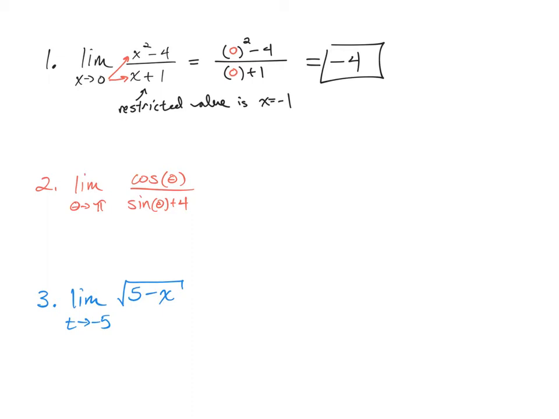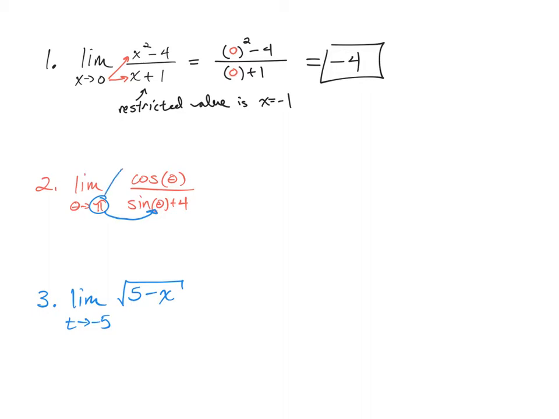So these other two examples will work very similarly, with the limit as theta approaches pi of cosine theta over sine theta plus 4. So again, here's a rational function. We will get 0 when pi gets substituted in for sine here, but then we add 4 to it, which is okay.